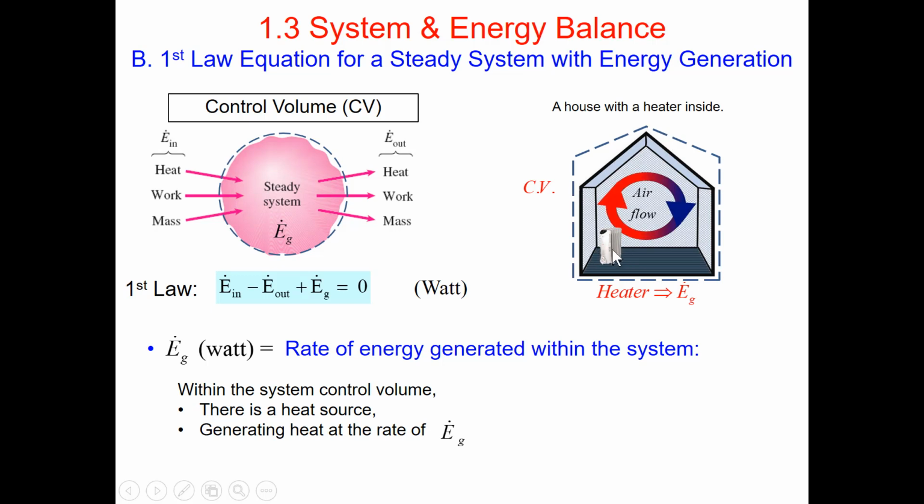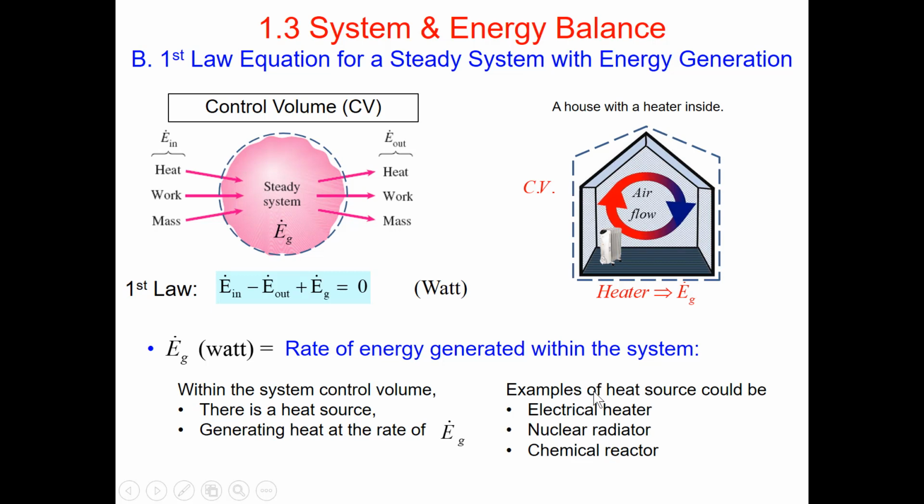If the heater is turned on, the heat produced from the heater will raise the temperature of the air. Therefore, the heater is a heat source. The heat produced from the heater per unit time is the variable Eg dot, energy generation.